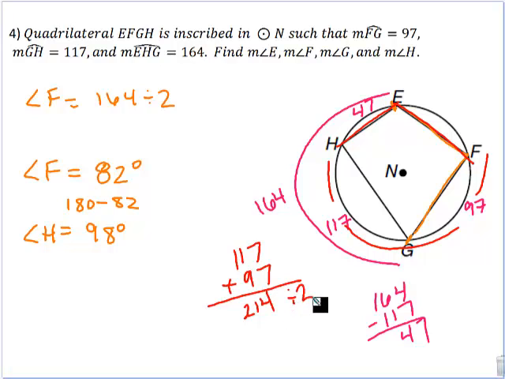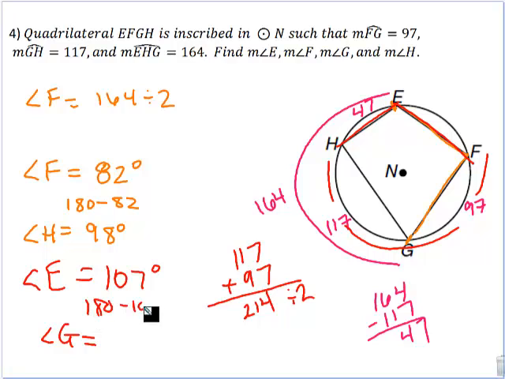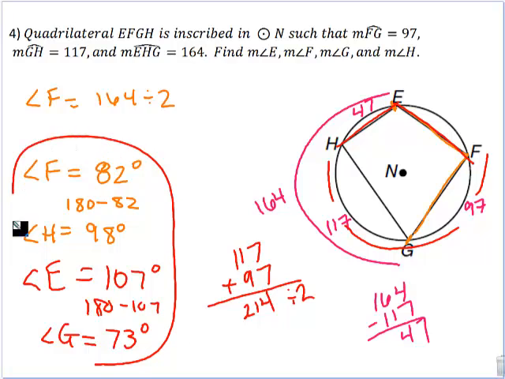Divide this by 2. 214 divided by 2, good, 107. And then the one supplementary to that would be angle G, the opposite one. Yep, so 180 minus 107 gives you 73. So those would be our 4 angles. Is that okay?